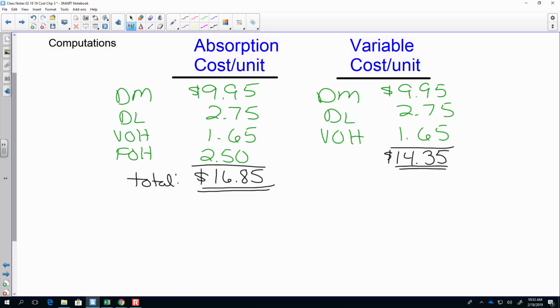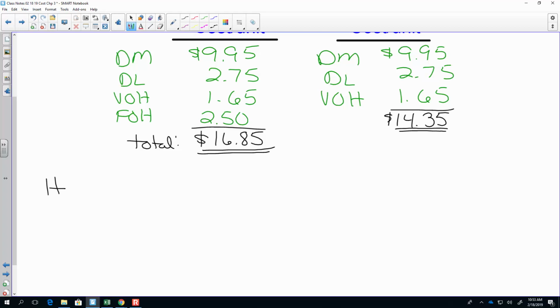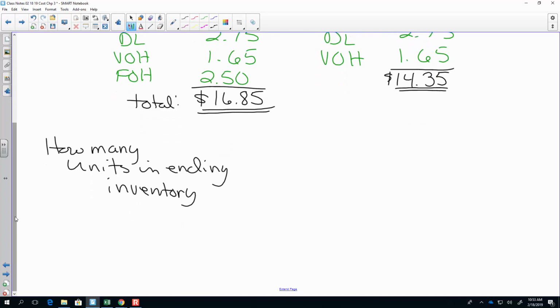How many units do I have in ending inventory? Do we have any beginning? I don't think so.